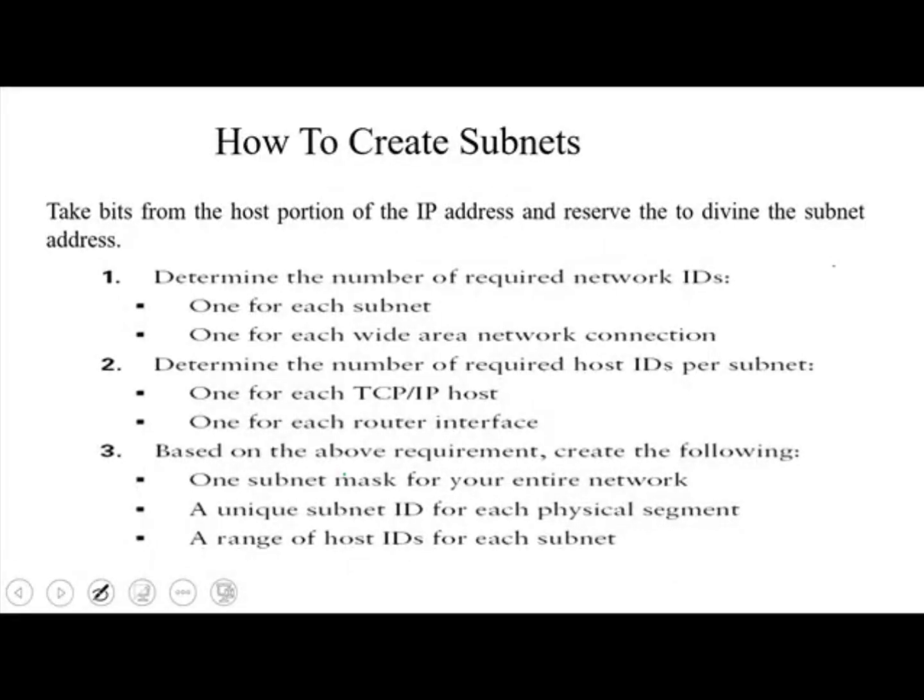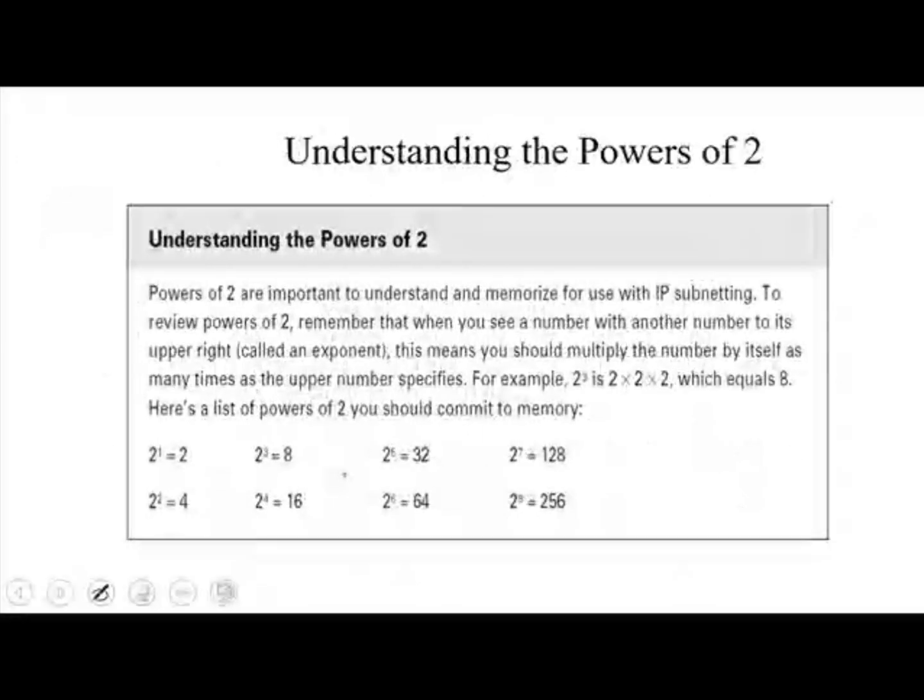That's how we perform subnetting, and that's the simple way you can understand how we will subnet an IP address. I will show you now, but remember, to perform subnetting you need to understand the powers of 2. 2 to the power 1 is equal to 2.